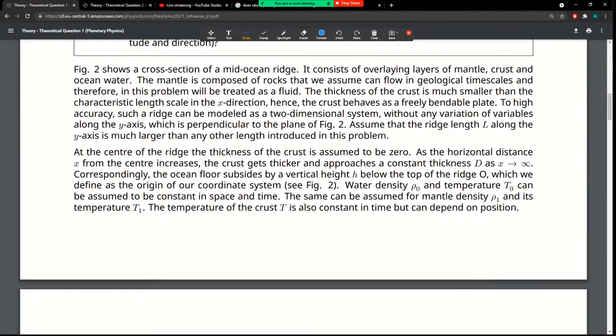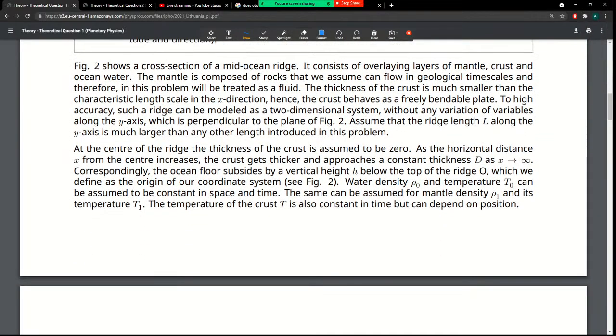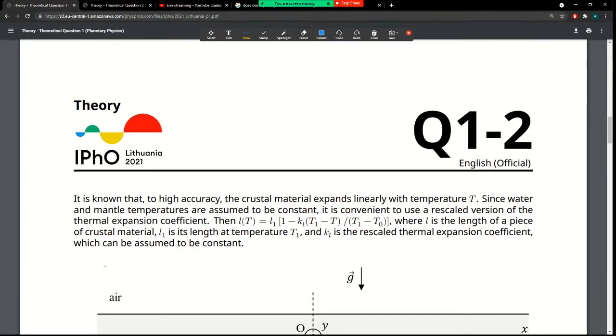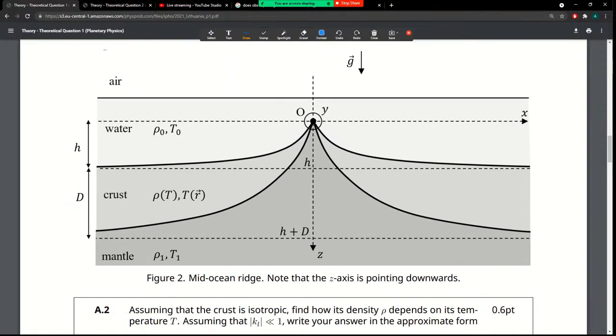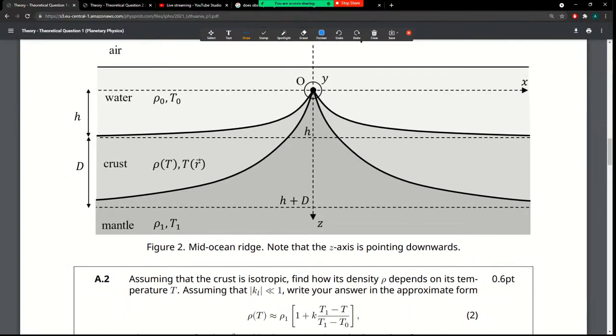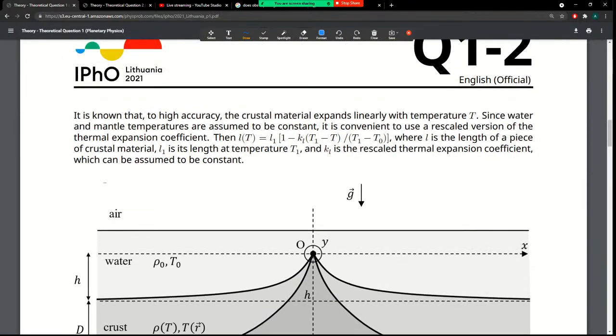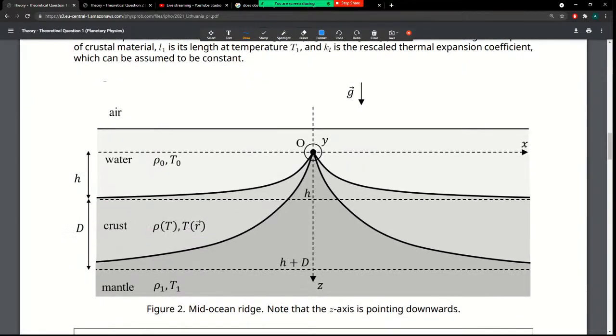Okay, yes. So I'm reading this question. Figure 2 shows a cross section of a mid-ocean ridge. It consists of overlaying layers of crust and ocean water. Figure 2: water, crust, mantle.